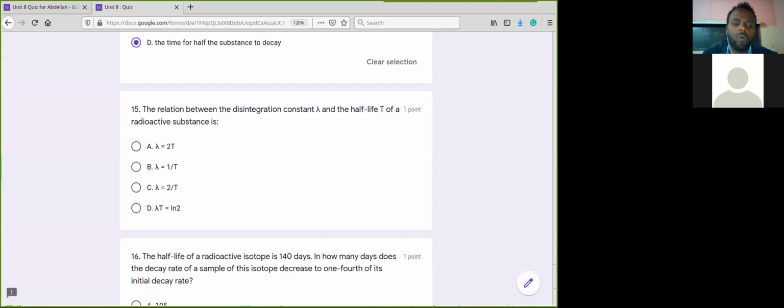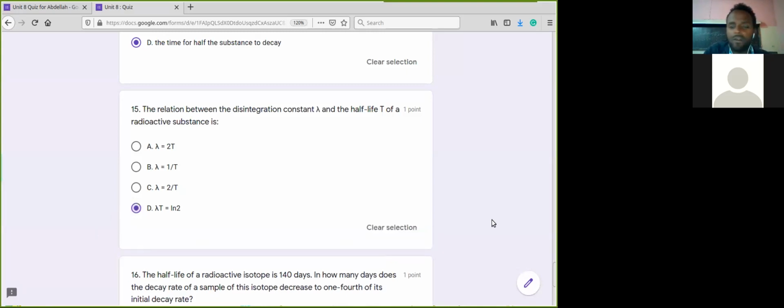Which one is the correct option? D. The half-life is given by ln 2 divided by the disintegration constant, which is 0.693 divided by lambda. Therefore, option D is the correct answer.